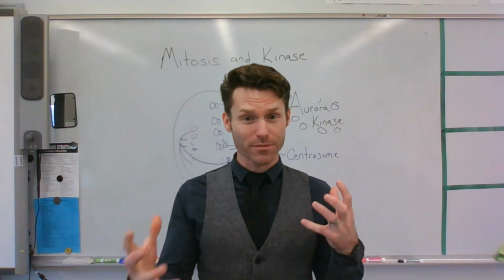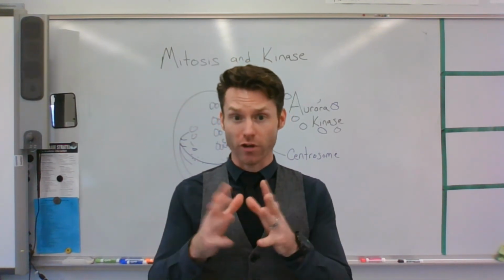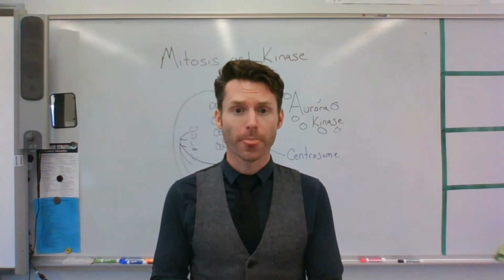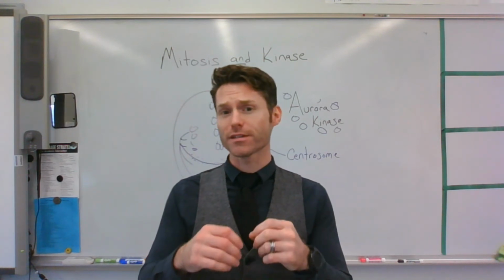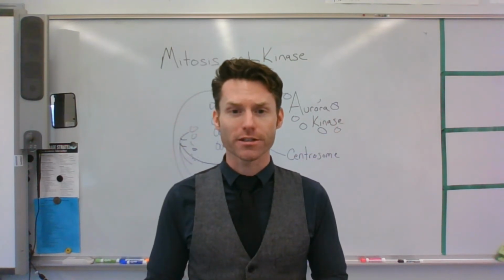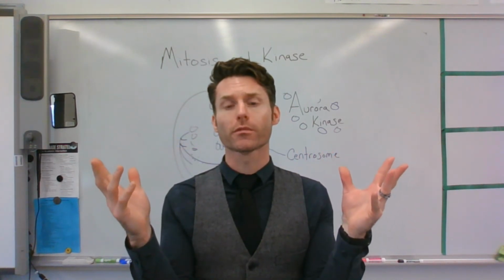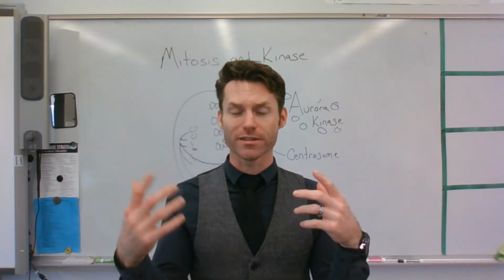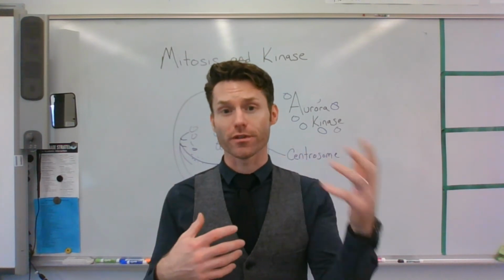So there are mechanisms to check if each of these steps are done correctly. And if something goes awry, like something's not right, the cell will trigger apoptosis. A bunch of lysosomes will release all of their digestive goos, break down the cell, and the cell will explode, right? And all those goodies will be released into the interstitial fluid as resources for the cells around it.